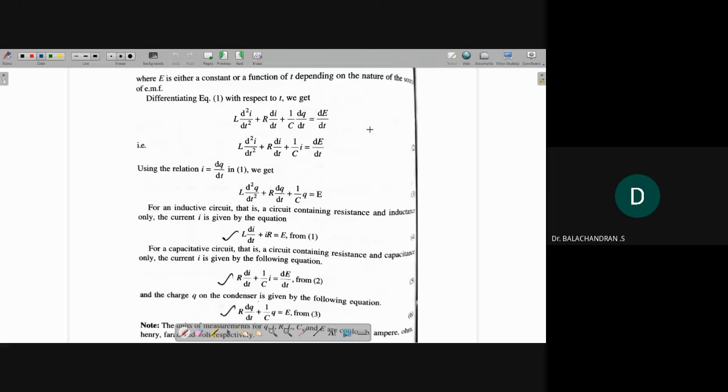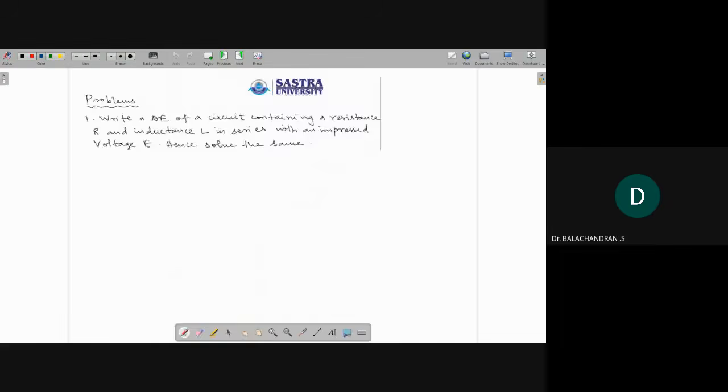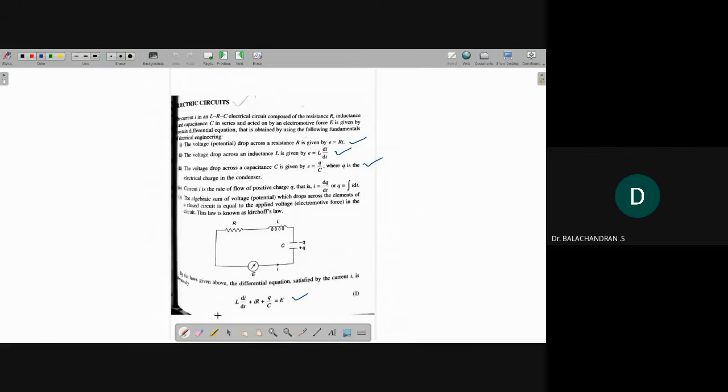Next, if you differentiate equation 1 with respect to t, you will get L into d square I by dt square plus R into di by dt plus 1 by c into dq by dt equal to dE by dt.